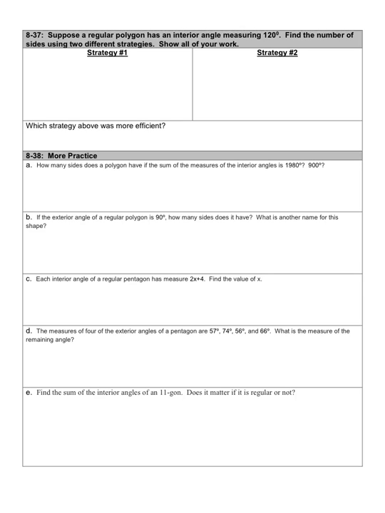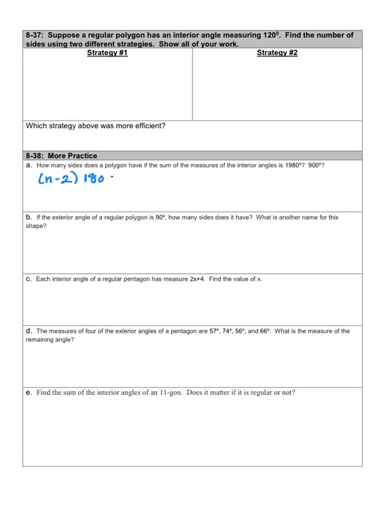First question asks us, how many sides would a polygon have if the sum of the measures of the interior angles was 1,980 degrees and also 900 degrees? If we're talking about the sum of the measures of the interior angles, we are using the formula n minus 2 times 180.